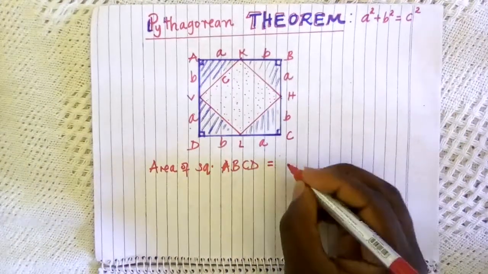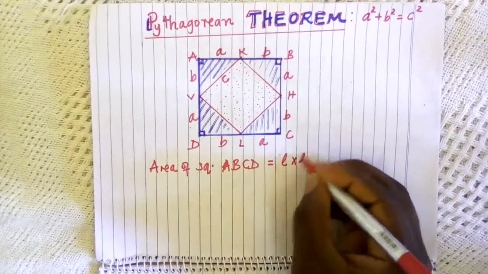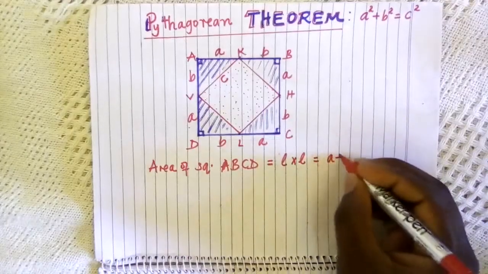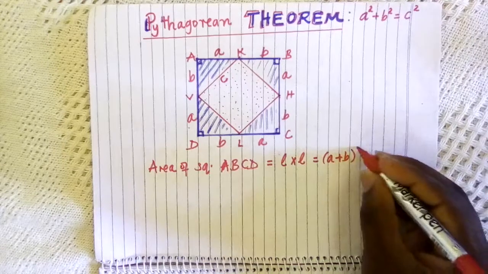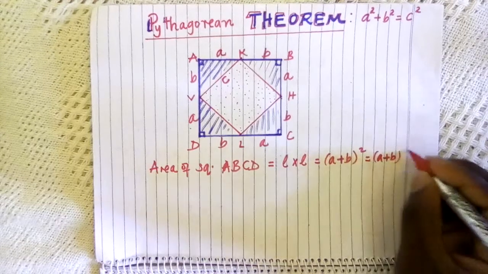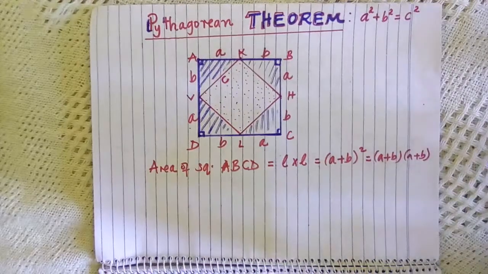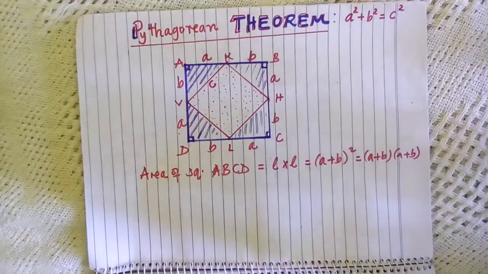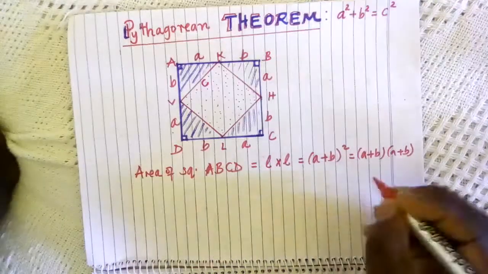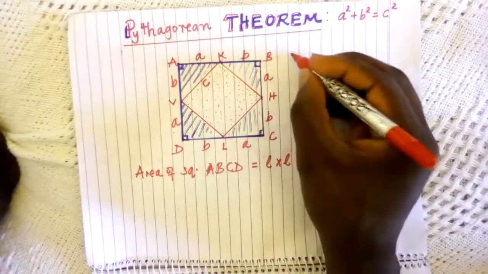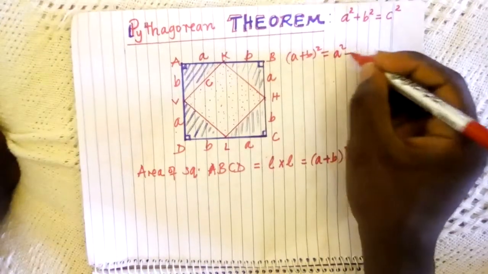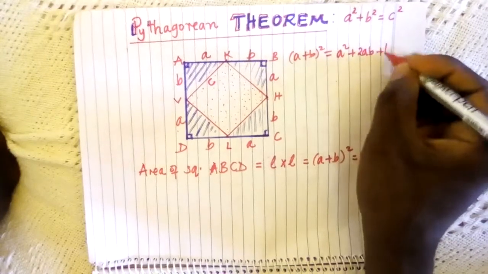So the area is basically the length times the length. In this case, this is AB squared, or you can expand it: A plus B, A plus B. So that's clear, and let's use the quadratic identities, of which we know that A plus B squared is A squared plus twice AB plus B squared.